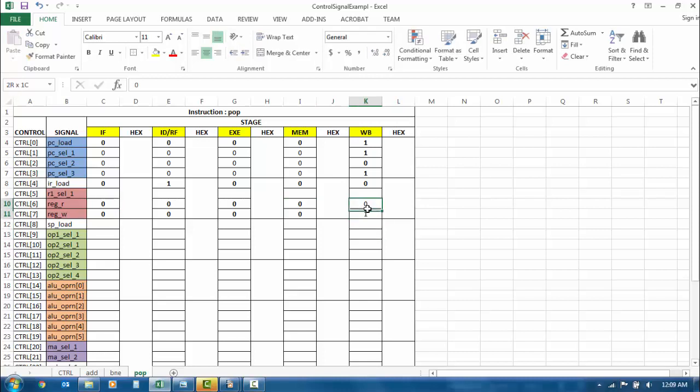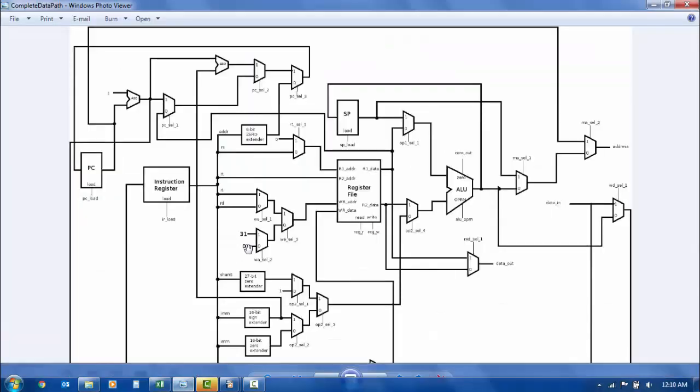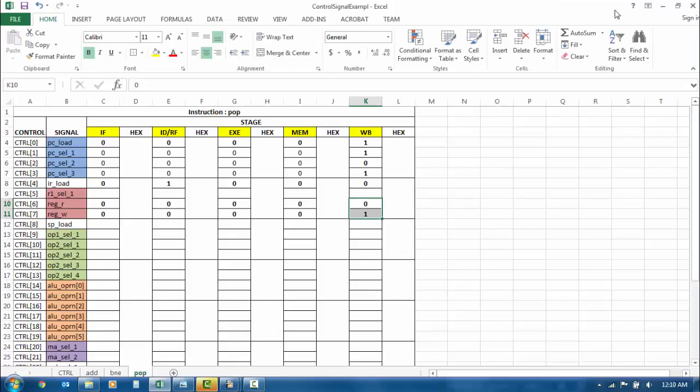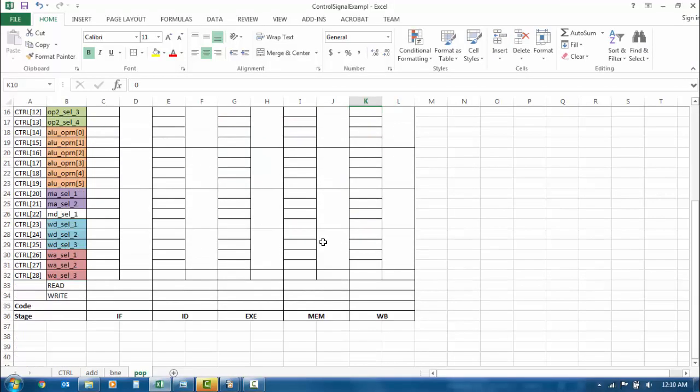We are writing back into the register 0, which means during the write back phase, my WR address, write address must be 0, which means WS selection 2 must be 0 and WS selection 3 must be 0. So let's fix that while we are here.